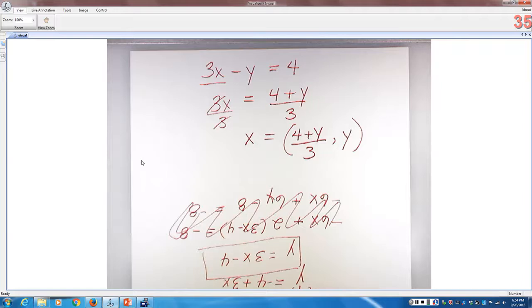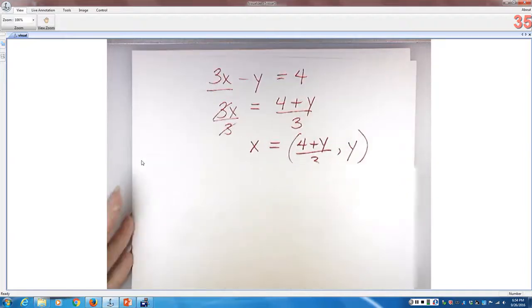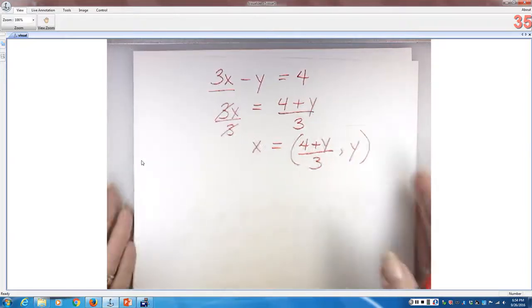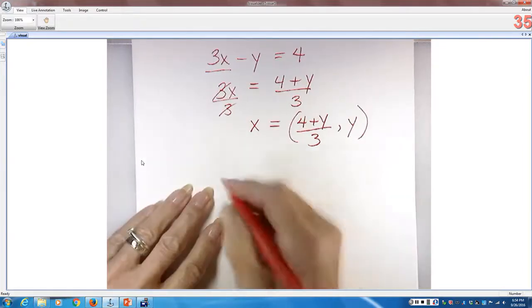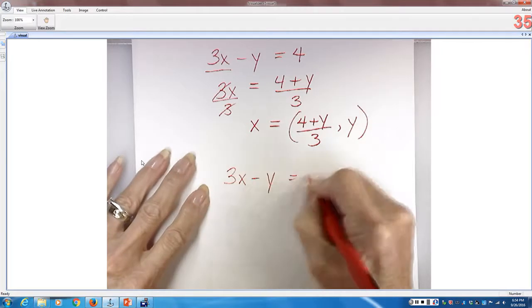You're supposed to be able to do it either way. Let me cover that up and see if I can do it without doing that. 3x minus y equals 4.